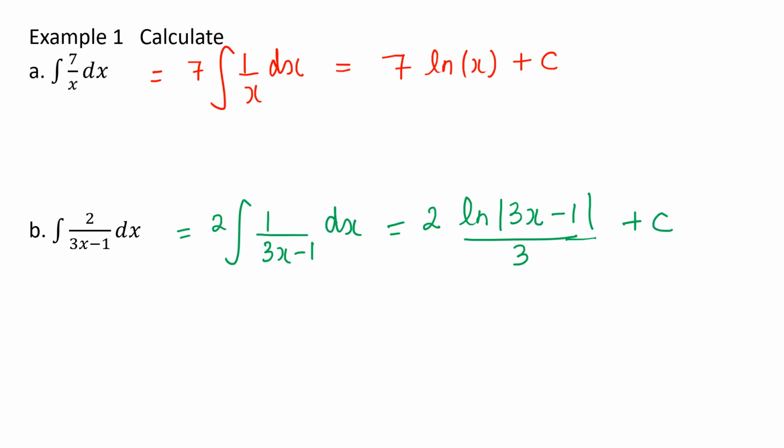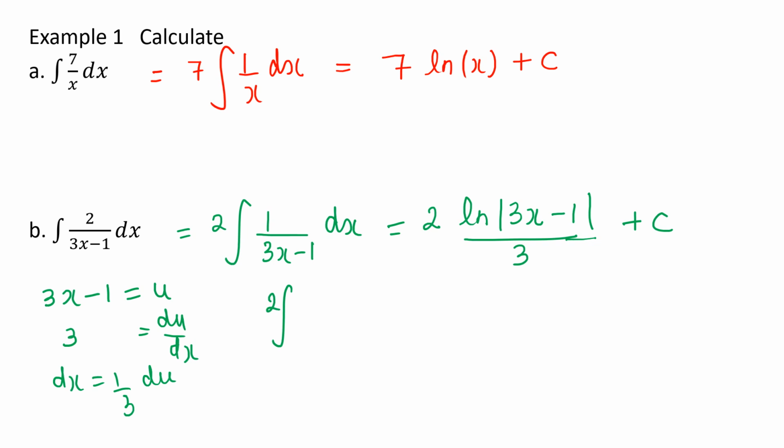Now, how did we get that? Do you want to use the substitution method? Let's assume 3x minus 1 equals u. So du over dx is 3. Therefore, dx is going to be 1 over 3 du. I kind of like this method a lot because I've been using it in almost all my videos. So we have 2, so don't worry about the 2.